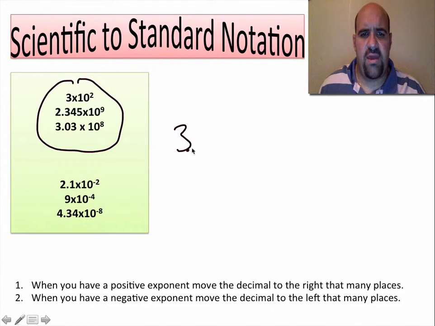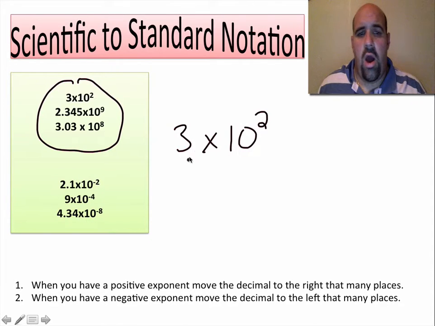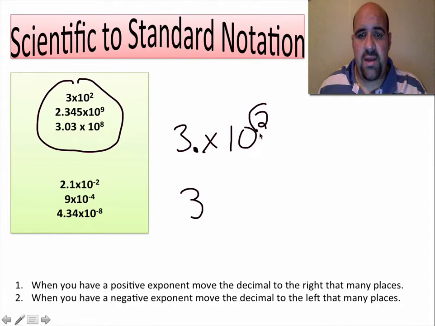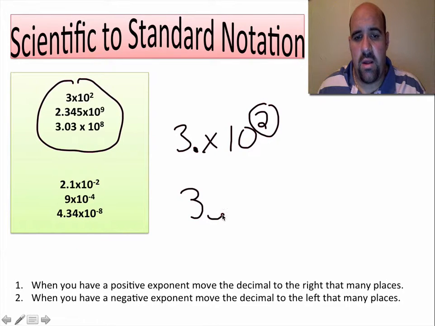If we have 3 times 10 squared, we're going to assume there's a decimal point right here after the 3. That is an assumed decimal. I have to move that decimal point as many places as the exponent says. So I move it over 1, 2 places, and now I have to put in the zeros.